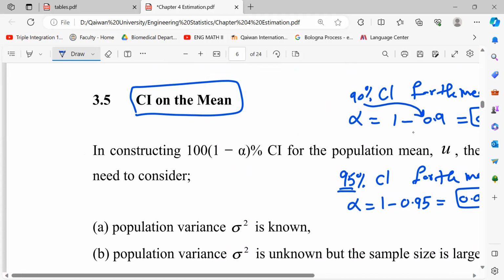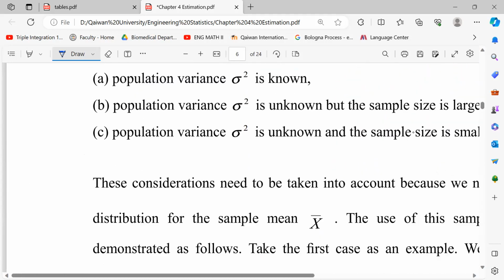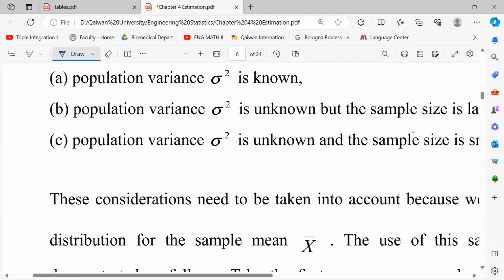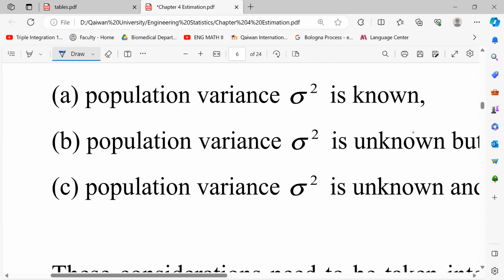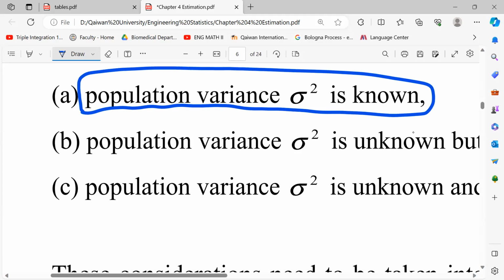For the confidence interval of the mean, we have 3 cases. If the population variance is known, here we either have the variance or the standard deviation. Even if we have the standard deviation, by squaring it, we get the variance. What if the variance is unknown?